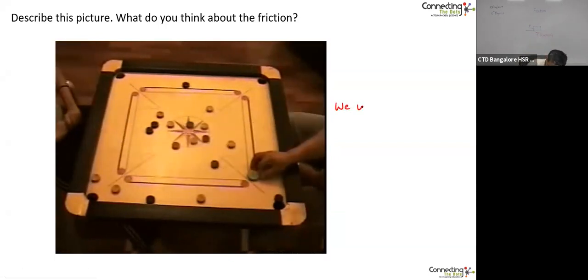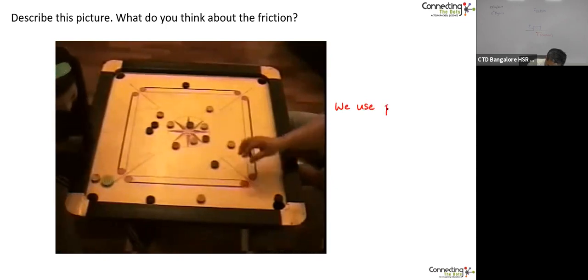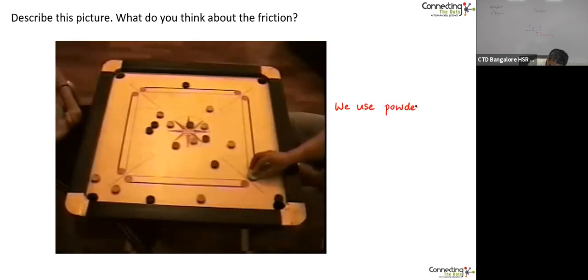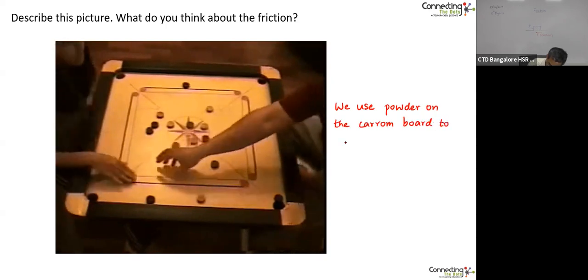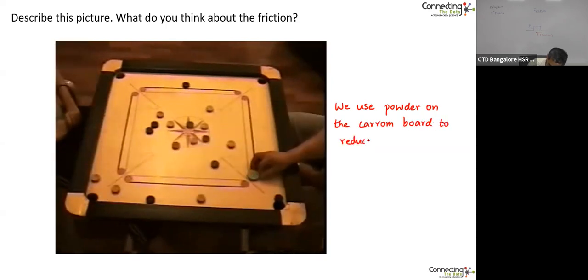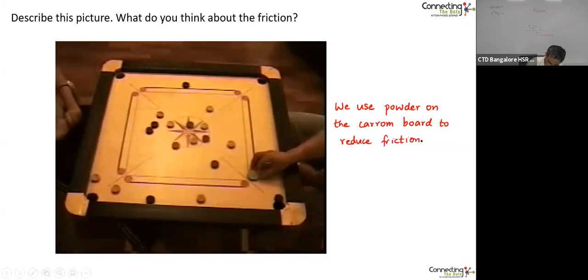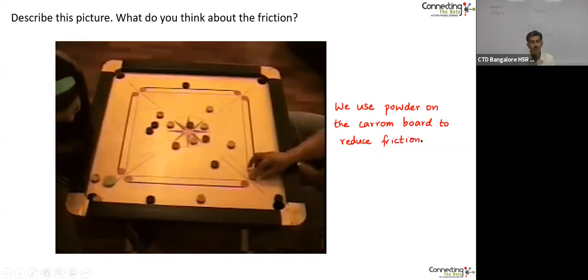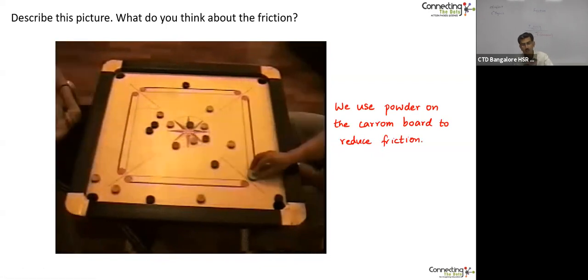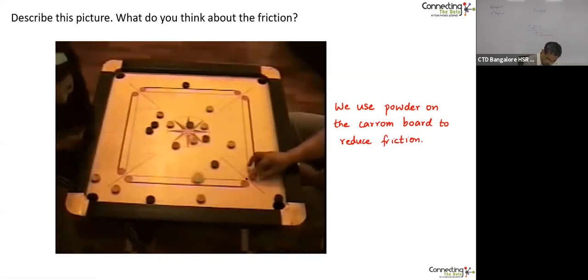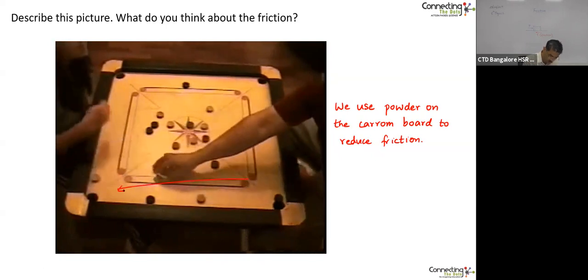We use powder on the carom board to reduce friction, so that the pieces can move easily. The striker can move very easily. You look at it, it moves so smoothly over the board.